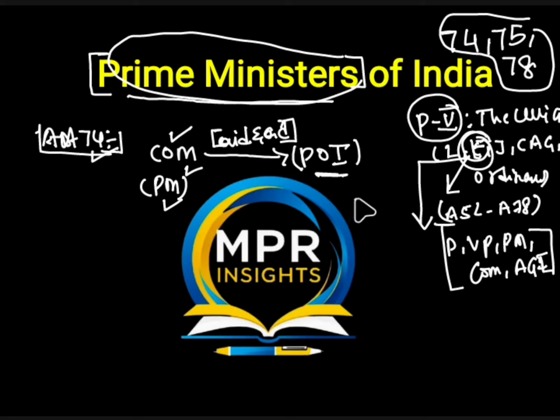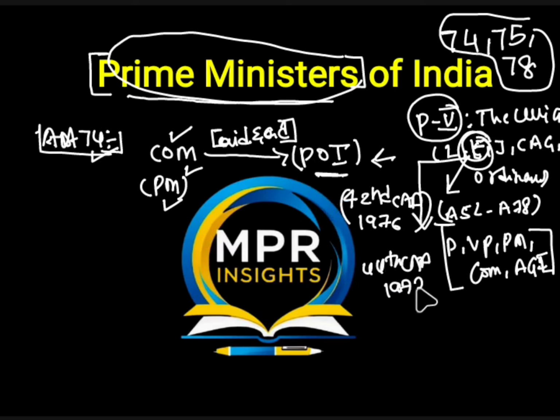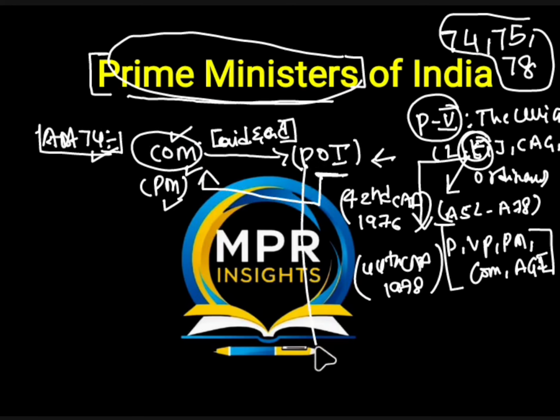This was added via the 42nd Constitutional Amendment Act 1976, and later the Janata Party came to power and, through the 44th Constitutional Amendment Act 1978, relaxed this provision a bit. The President can reconsider such advice one time, and if the Council of Ministers sends the same advice again, then the President must act in accordance with such advice.